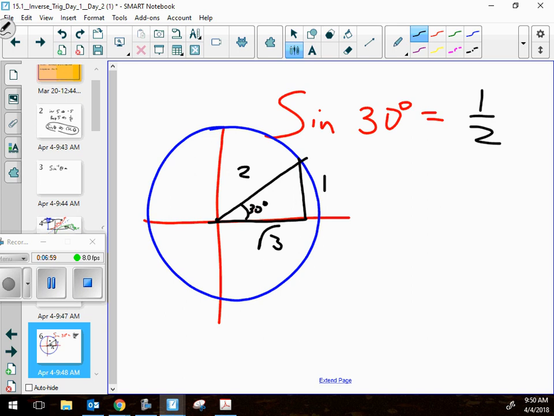If it wasn't, you need to get this back in your head, because to be able to do inverse trig, we got to do regular trig first. All right, so let's do another one that's similar to that. Would you find me sine of 7 pi over 6?